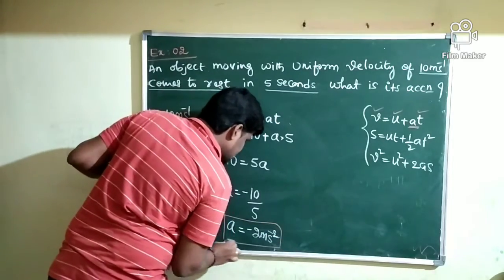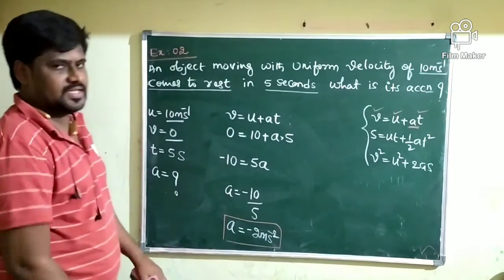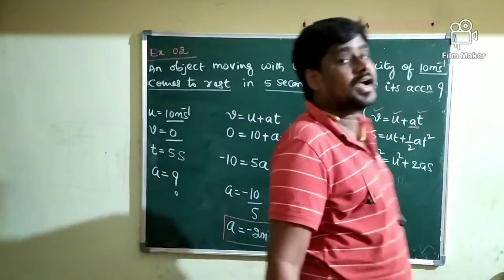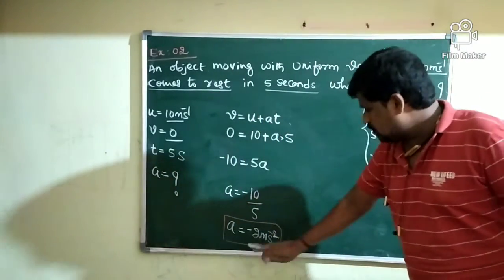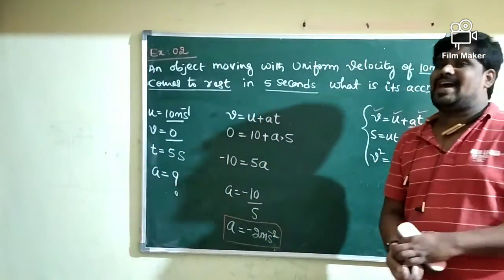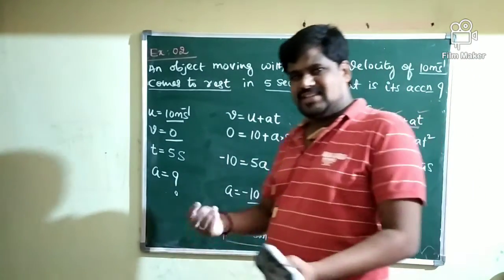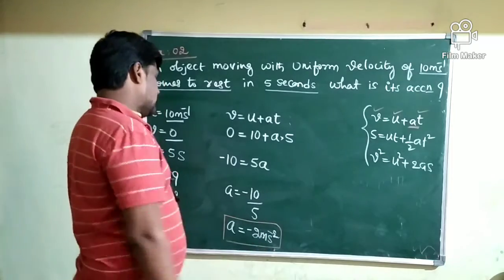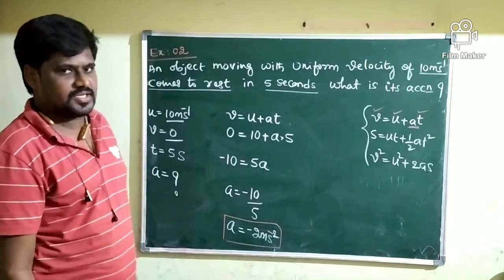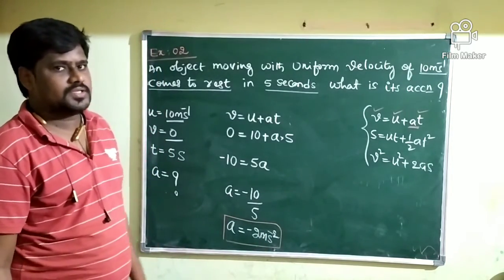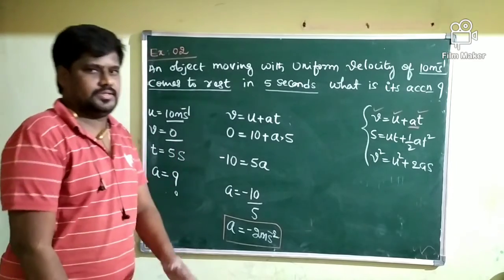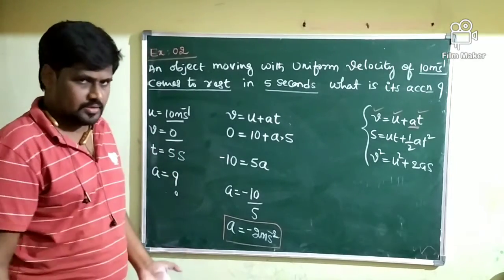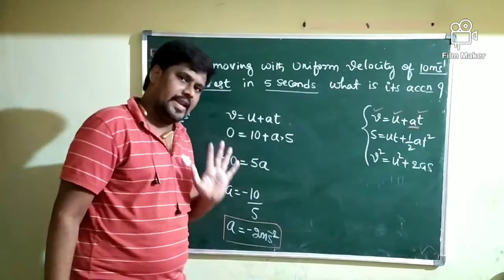So in this case, I am not using the term acceleration; I will call it retardation. The negative sign indicates that the body has retardation. In the acceleration concept, I explained what is acceleration and what is retardation. Suppose the velocity of a body is decreased during its motion, then the acceleration will be negative.